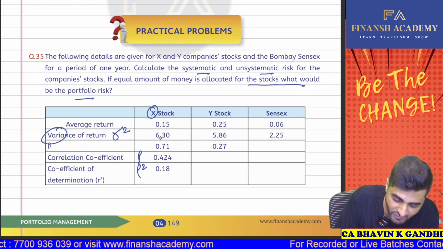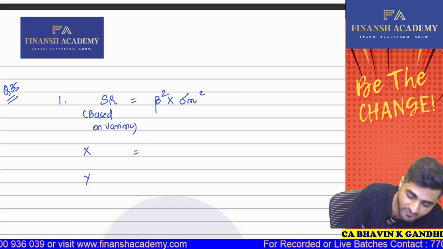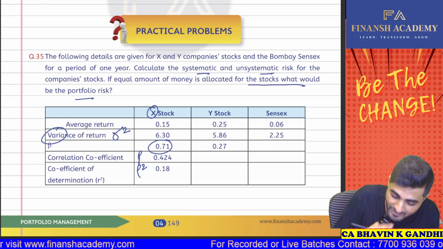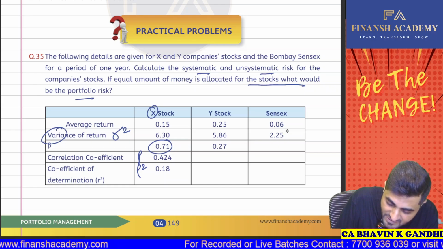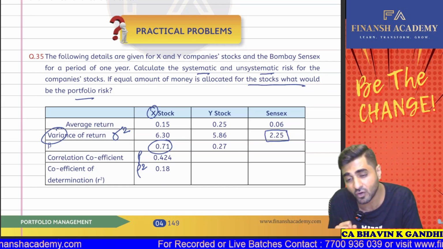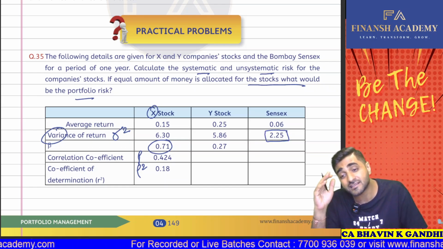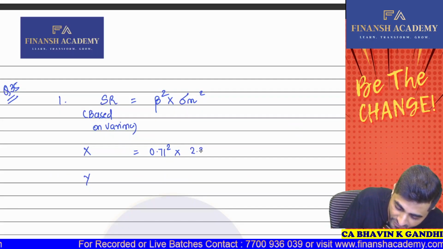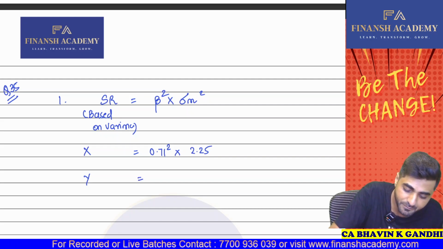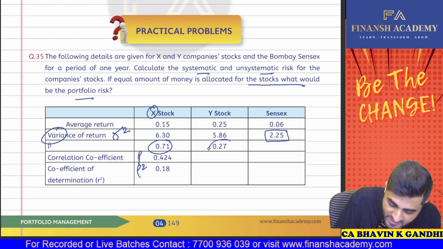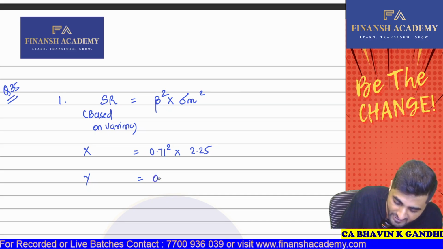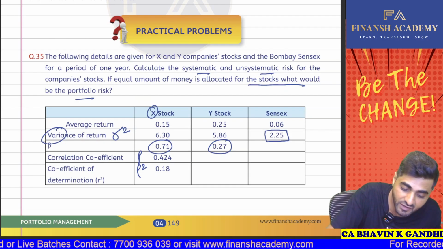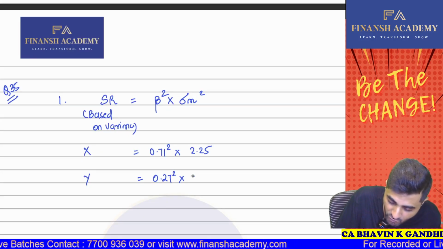Now for your security X and security Y, what is your beta? As you can check, your beta is given as 0.71. So this is 0.71 square. And what is the market variance? They have told you that is 2.25, the variance of a return, which is standard deviation square. Similarly for Y, we have beta 0.27, and this 0.27 square I need to multiply by the variance of the market, which is 2.25.